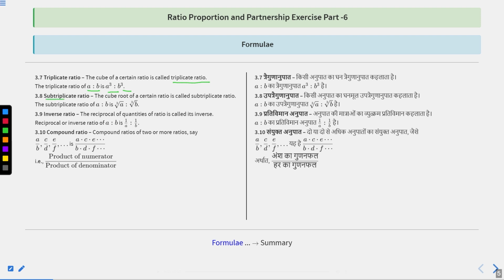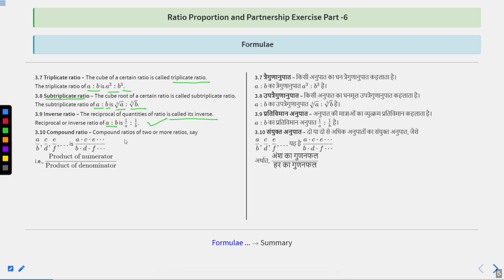In the same way, subtriplicate ratio. If we have a ratio b, the subtriplicate ratio will be cube root of A ratio cube root of B. This is called the subtriplicate ratio. What is inverse ratio? The reciprocal of the quantities of a ratio is called its inverse. So if the ratio A ratio B is given, then 1 upon A ratio 1 upon B is called inverse ratio.